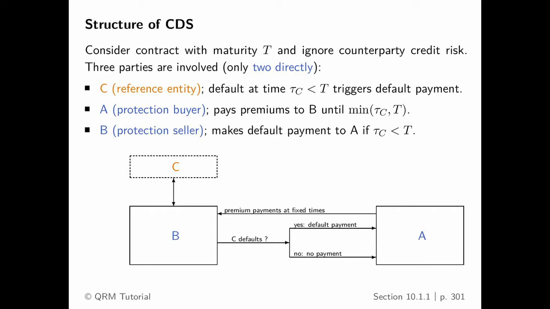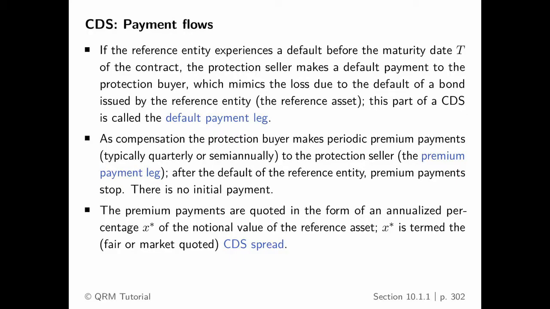There may be a recovery, and so a recovery element will probably come in, as a proportion of A's exposure to C. Maturity is typically 5 years, something like a 5-year CDS.